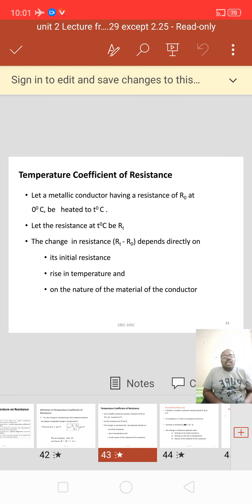Consider a metallic conductor having a resistance of R naught at 0 degree Celsius, heated to T degree Celsius. Let the resistance at T degree Celsius be RT.